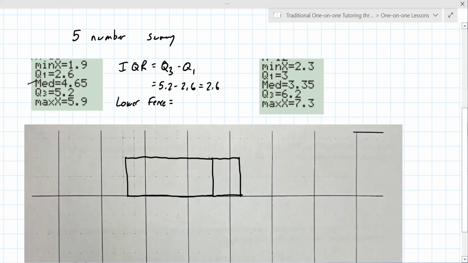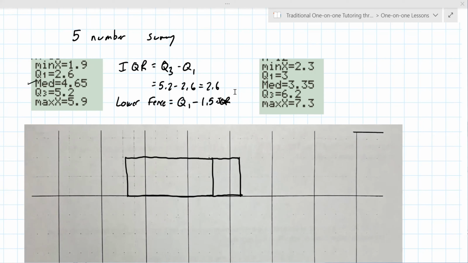Okay. So the lower fence is Q1 minus 1.5 times the IQR. Oh yeah, okay. And it's a little bit of work here to calculate, but that's what it is. So it's 2.6 minus 1.5 times, in this case, 2.6 again.